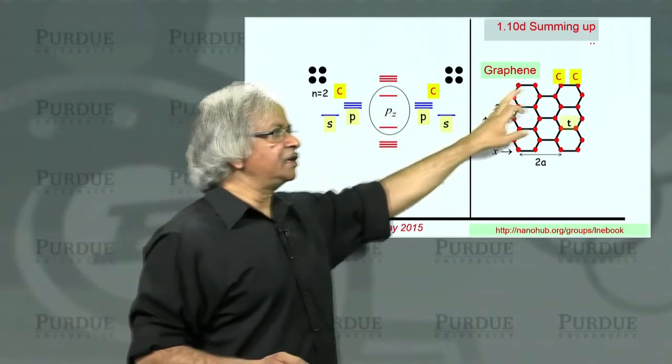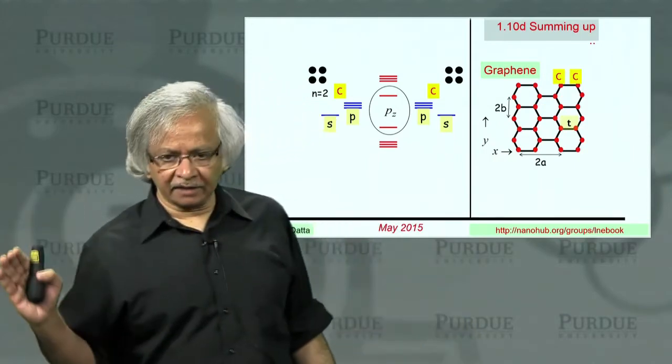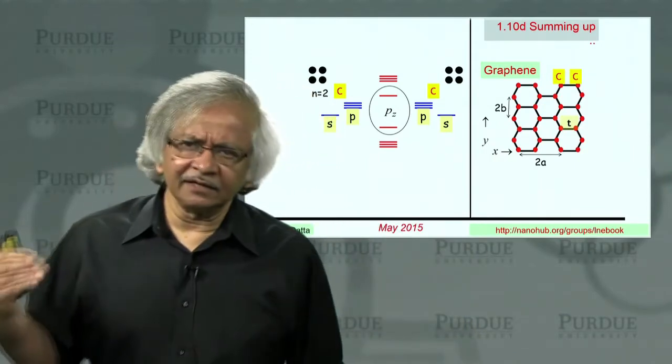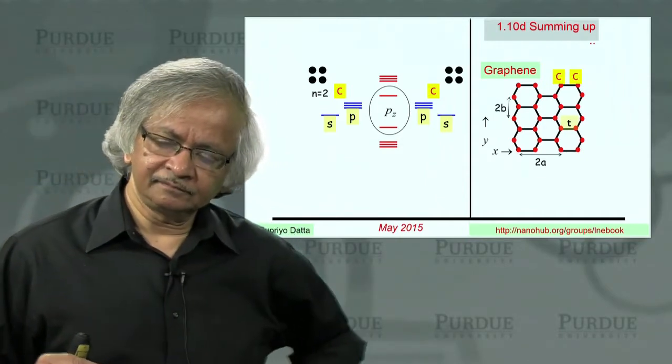What that means is you could just use 1 basis function per atom, which means 2 basis functions per unit cell, and still get a reasonably good description of the energy levels of graphene.